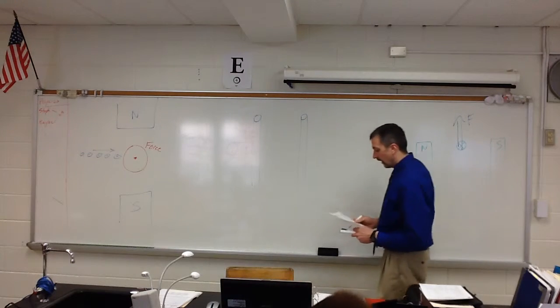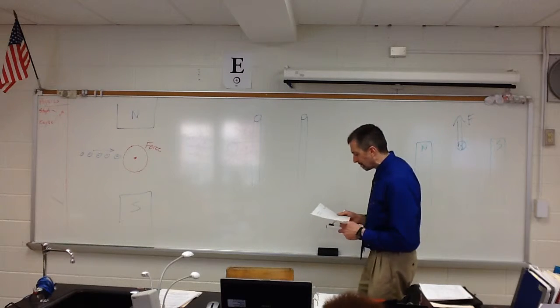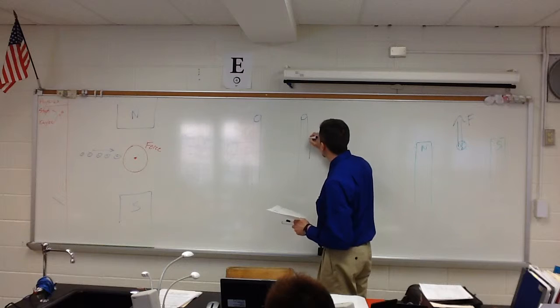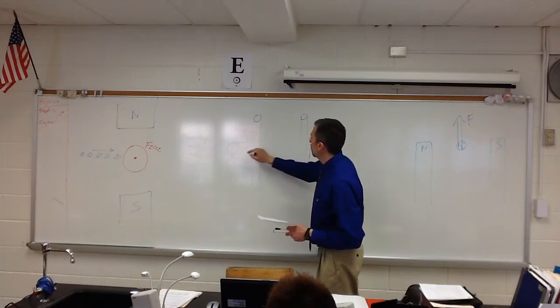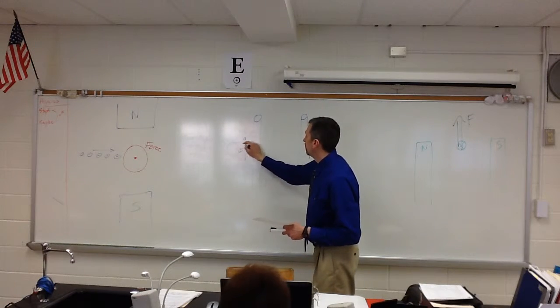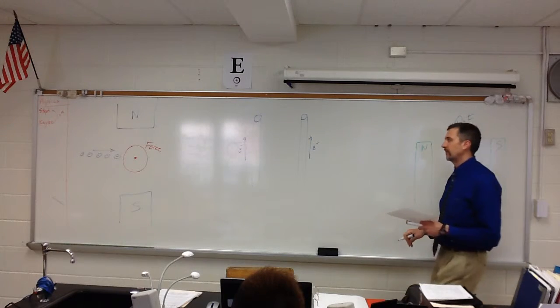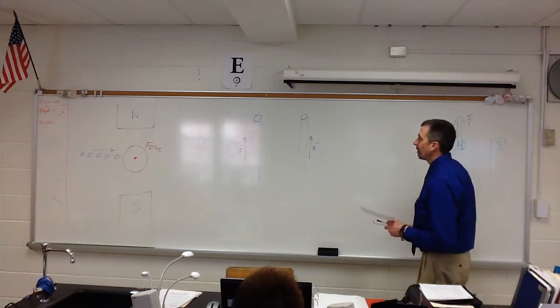Let's say that electrons are flowing this way on this one and the same way on this one. These are two separate circuits, two separate wires.